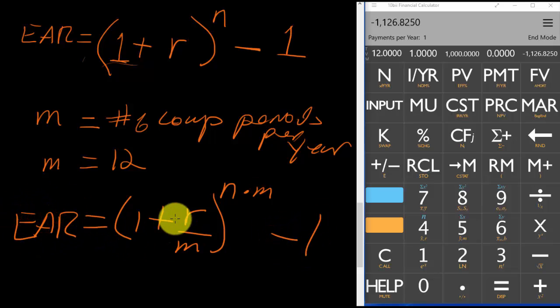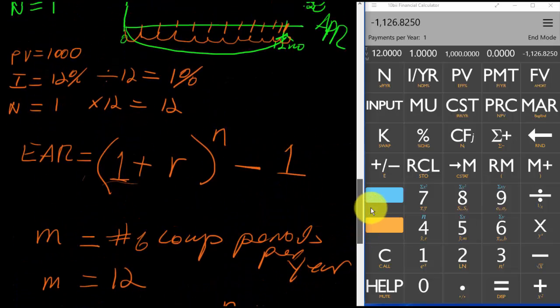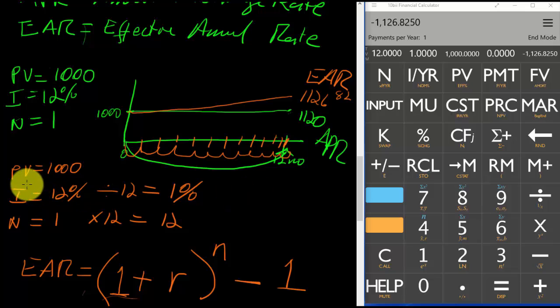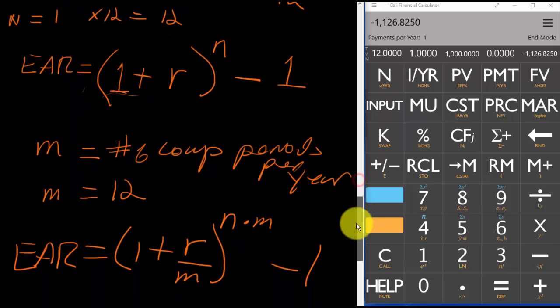This looks a lot more complicated than it actually is. If you go back up here, all we did is take the interest rate, or the R or the I, and divide it by 12. In this case, M is equal to 12, and my n is 1. I multiplied it by 12. That's all this equation is saying.